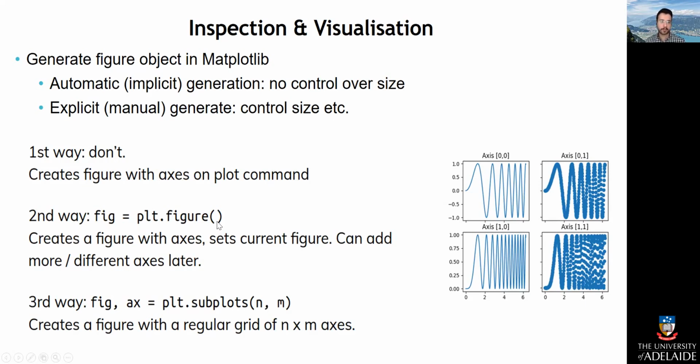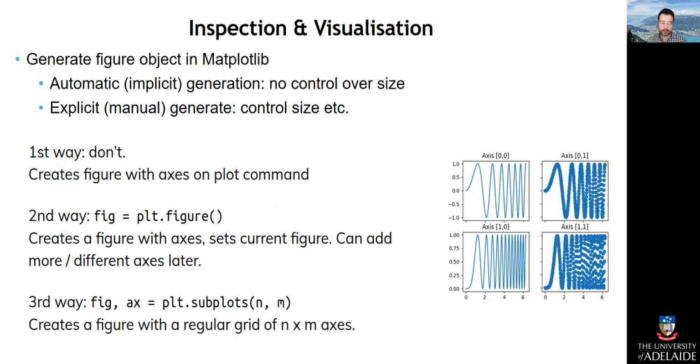But it's recommended to create it. For example, if you use plt.figure, you can pass in the size of the figure, and if you want to save that figure as an image, you can easily access the object itself.